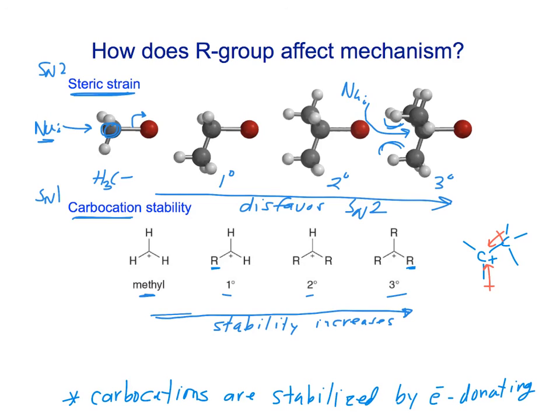So, why does having a more stable carbocation increase the rate of the reaction? Or why does that favor the SN1 mechanism?